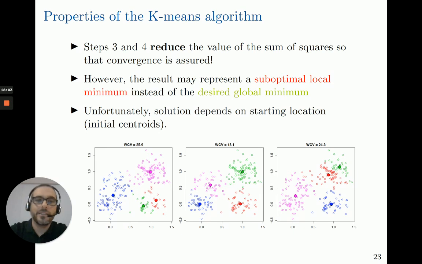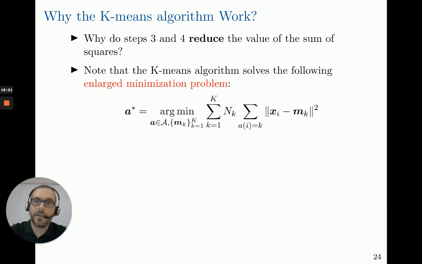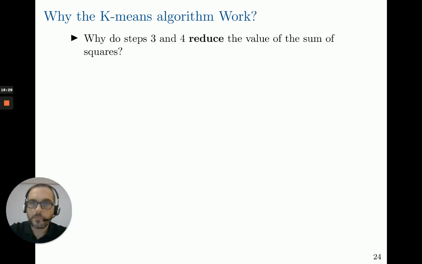So you have here three different setups with completely different assignments depending on the starting location or the initial centroids. One way to remove this is trying different initial values and seeing how things change.